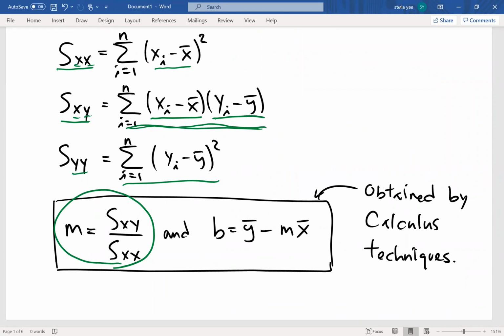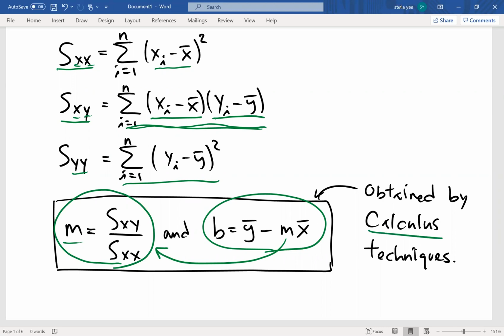And once you have that slope, the y-intercept is y bar minus the m that we just computed times x bar. So that's the y-intercept of the best fit line. It just looks like magic. I brought this out of nowhere, but you could get this formula using calculus.